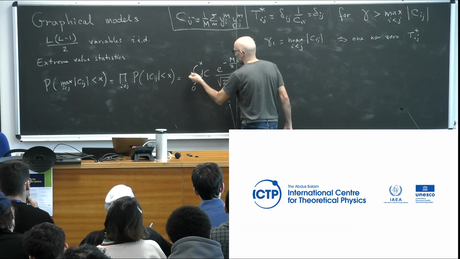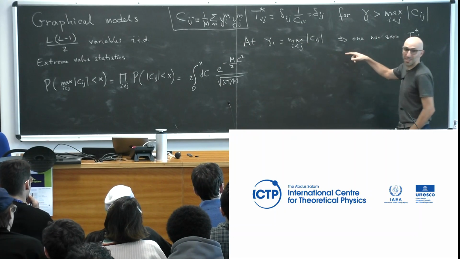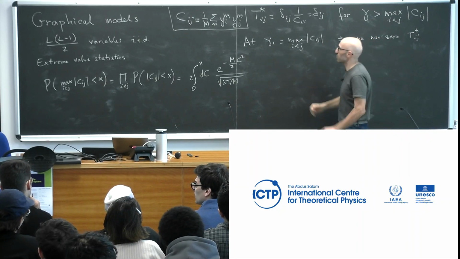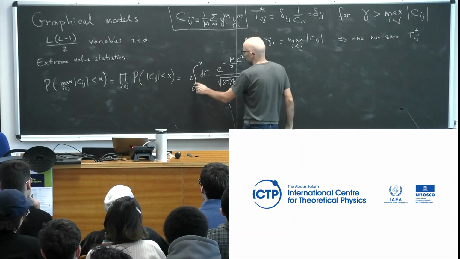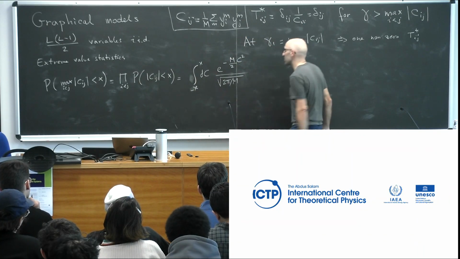There will be a factor 2 because I have to do the maximum of the absolute value, so I want the absolute value smaller than that. Or if you want, I can integrate between minus x and x. See?